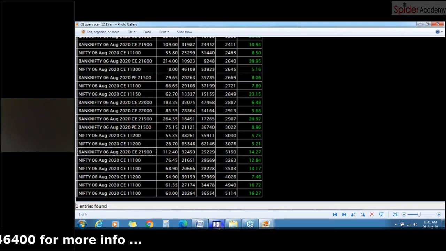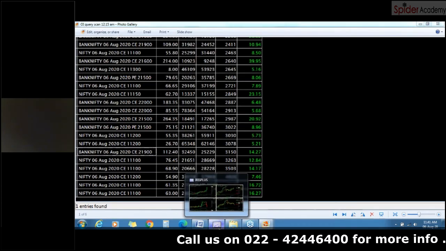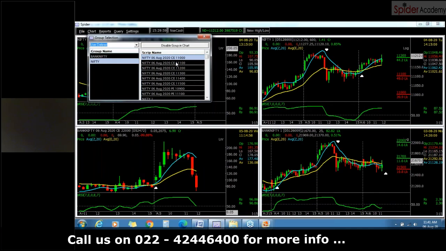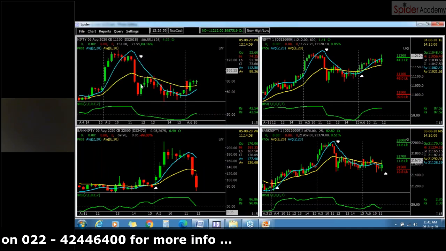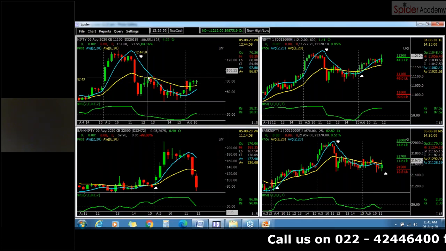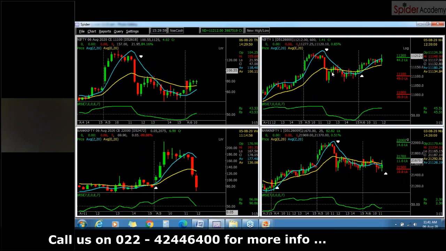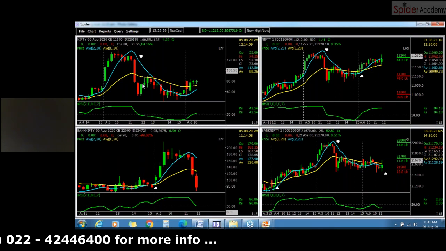So here I look at Nifty 11,100 call at this timing. We got triggered over here as the candle closed below this moving average with RSI below 50, and I agree that here we also got stopped out, as we got stopped out from the futures in Nifty. We also got stopped out from options.